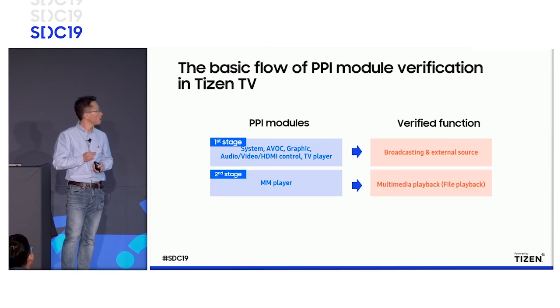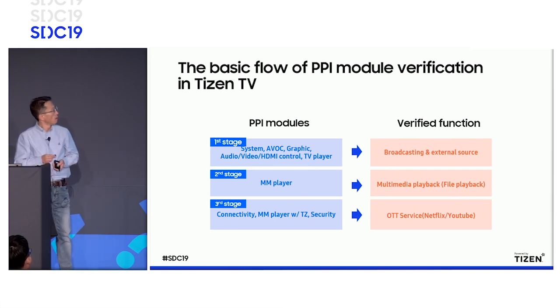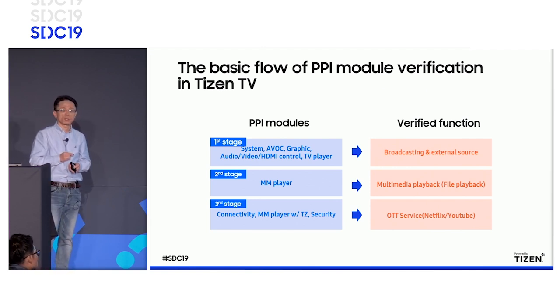If you implement this MM player, then you can see the multimedia playback working fine. If you implement the other functions like the connectivity MM player with trust zone security, then you can see the OTT service. You can see Netflix and YouTube when you implement all functions here.